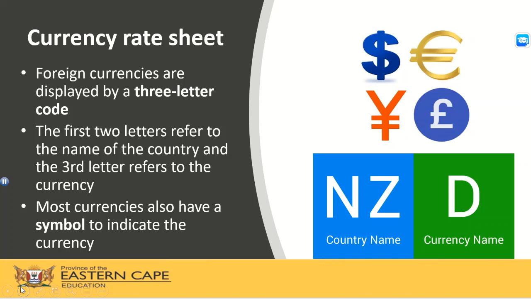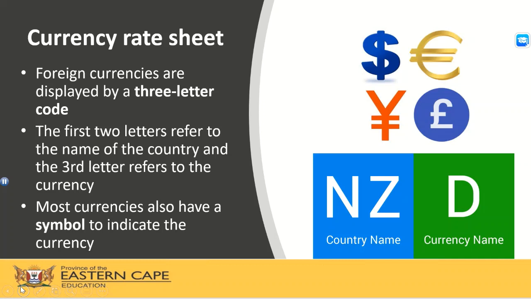Now, if you take a look at the right-hand side of your screen, you will see at the bottom the country name in the blue square is NZ, which would be New Zealand, and the currency name is the dollar. So that means that New Zealand uses the New Zealand dollar.